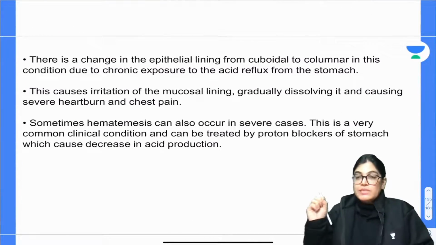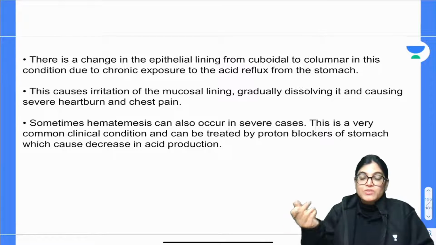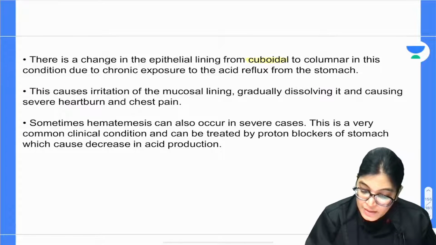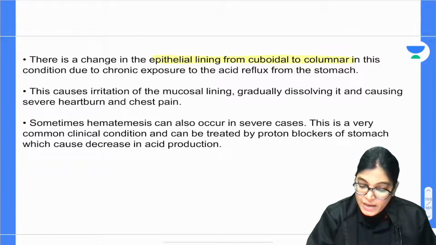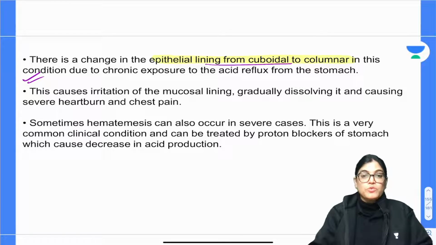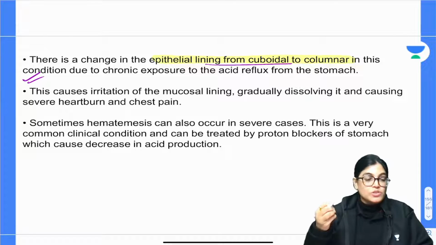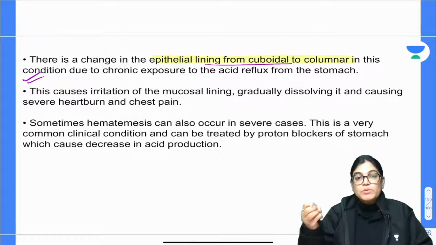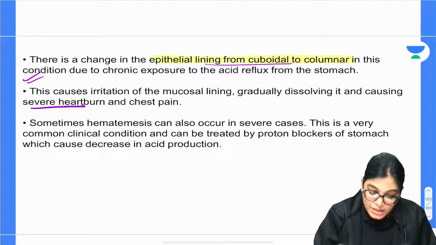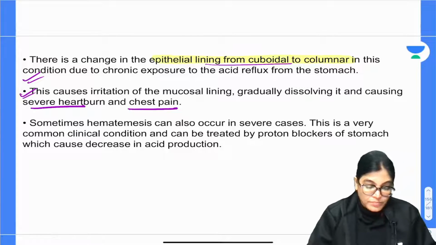Now, the key point mentioned here is the epithelium change, which is a case of metaplasia, where the epithelium will change to columnar or cuboidal epithelium due to chronic exposure to acidic reflux from the stomach. This distorts the mucosal lining, dissolving it and causing severe heartburn and chest pain.